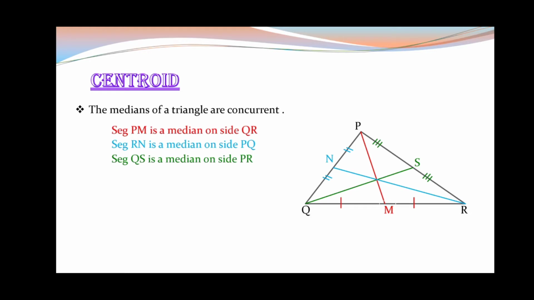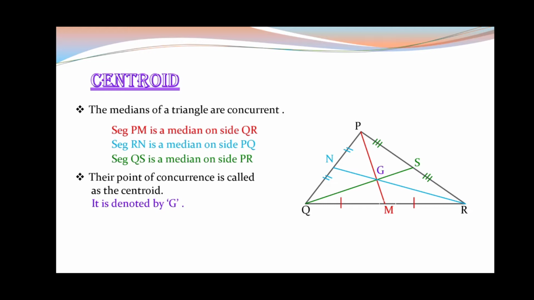Segment QS is drawn onto the side PR, therefore PS is equal to SR. Here also we see that all the three medians are meeting at one common point. This point is called the point of concurrence. And the point of concurrence of all the three medians of a triangle is termed the centroid. Here, point G is the centroid of triangle PQR.